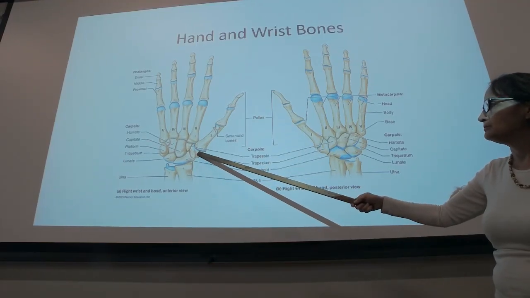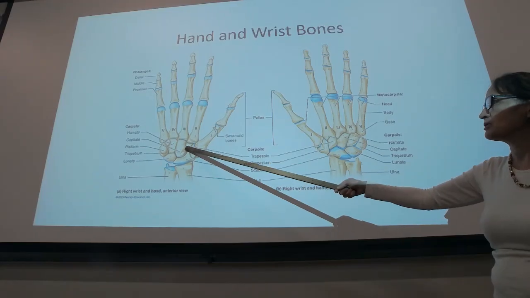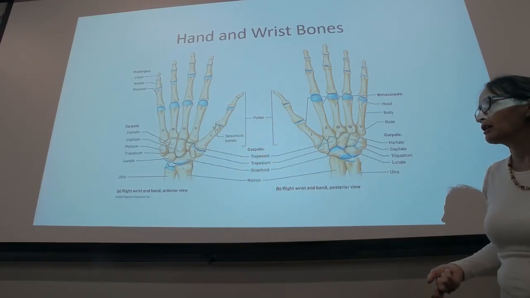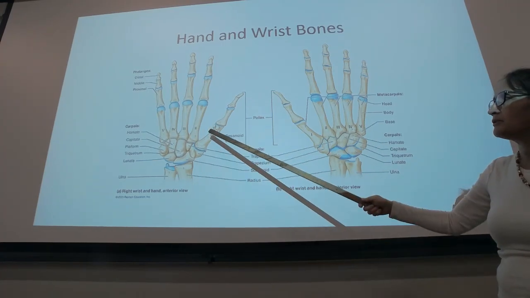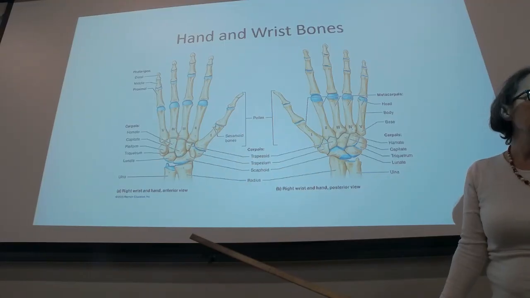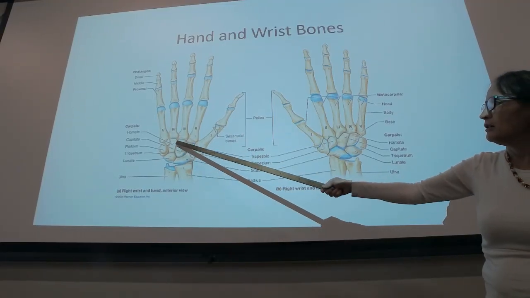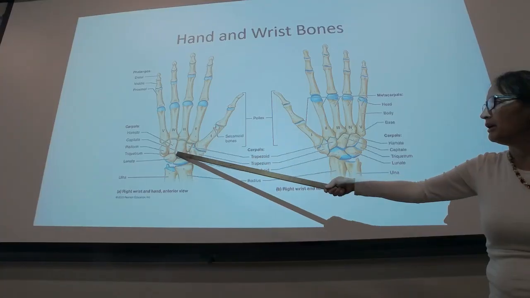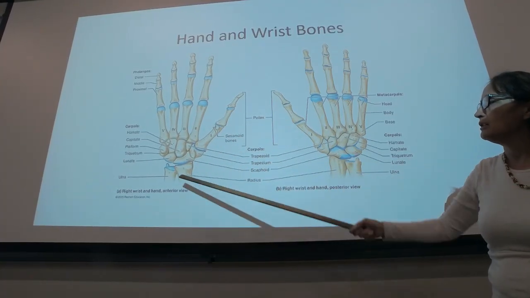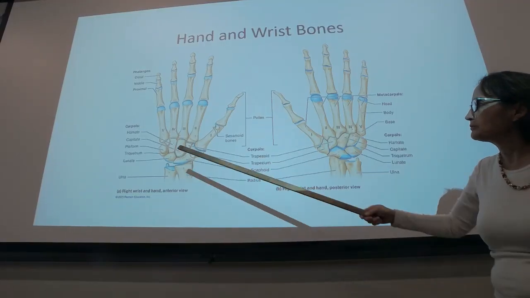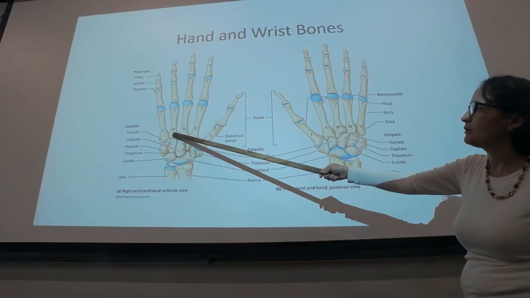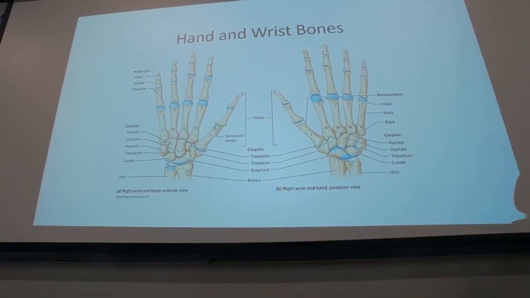The first two, the trapezium and the trapezoid, articulate with the first and second metacarpals. The metacarpals are numbered from lateral to medial, 1 through 5 with Roman numerals. And the big carpal, the capitate, articulates with the third metacarpal, while the hamate articulates with the fourth and fifth metacarpals.